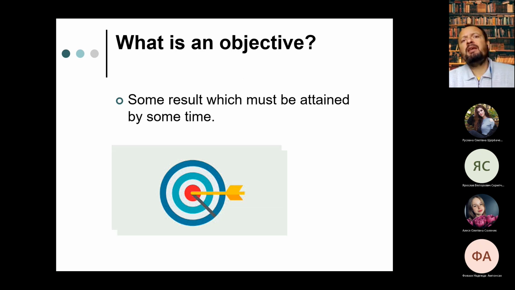But anyway, we have to support any qualitative result with some figures, with some quantitative result. So anyway, we can say that an objective is a result which must be attained by some time.